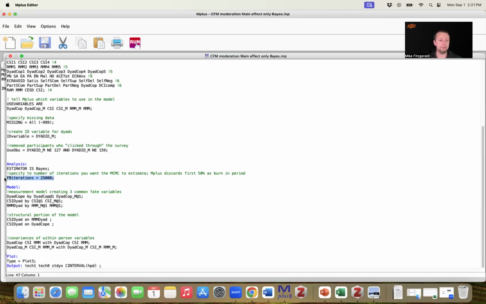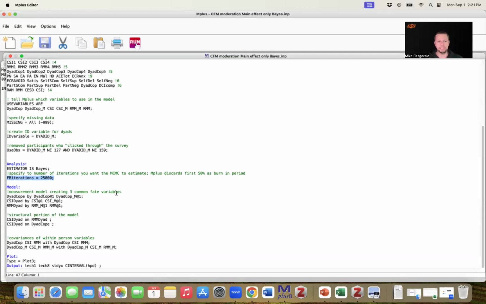And then we are going to enter in the FBITERATIONS. So essentially a way of thinking about these FBITERATIONS is kind of like bootstrapping from a frequentist perspective. It's not exactly the same thing, but again, it's going to be an iterative process to try to find the most likely parameter estimates.